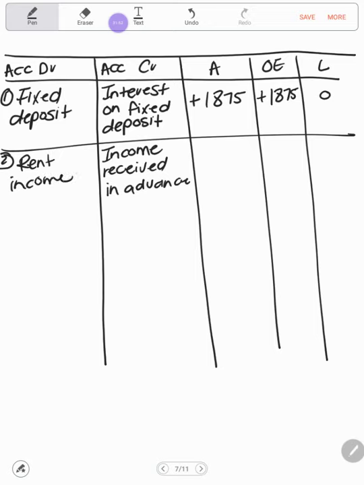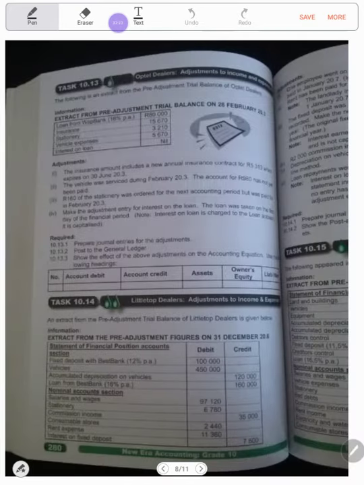Usually we credit our incomes, but because this is not in our current financial period, we will debit it. Okay, we worked out how much was received in advance. Our liability will increase by 1,970, and our owner's equity will decrease by 1,970. We should not receive it in that year. No effect on assets.